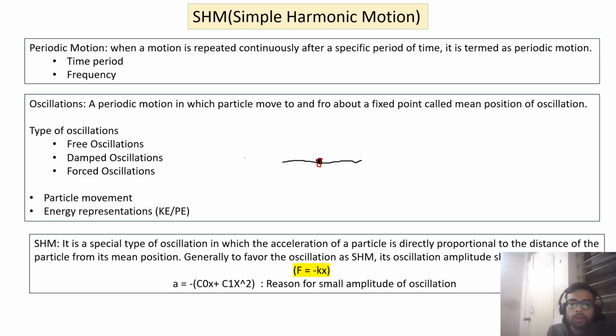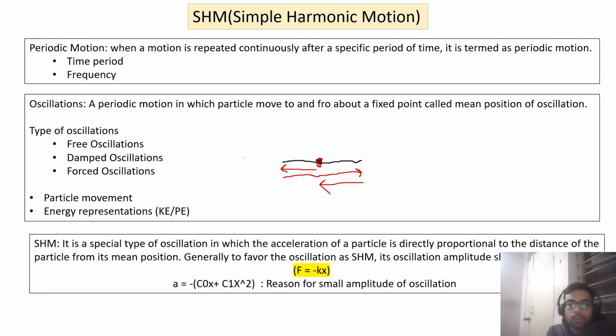This is a particle, this red dotted particle. This particle is moving on this line to and fro. It is going here. Again, it is returning from here to here. Again, it is going back to its original position.